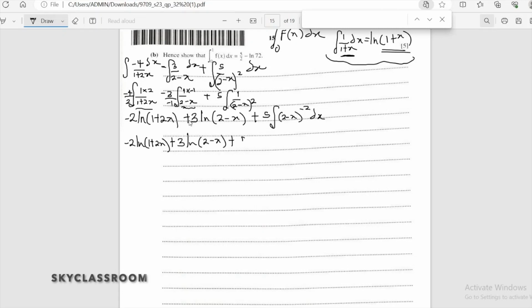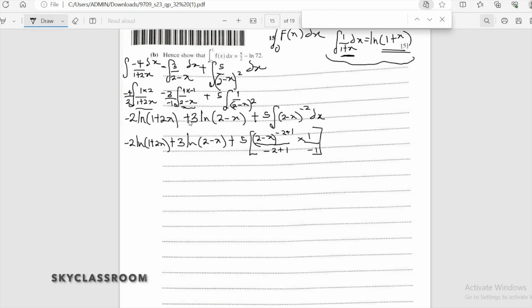plus 5. When you integrate 2 minus x raised to the power minus 2, we're going to have 2 minus x raised to the power minus 2 plus 1, over minus 2 plus 1, multiplied by 1 over minus 1. That's how to integrate a function in a bracket. Let me give you the expression.